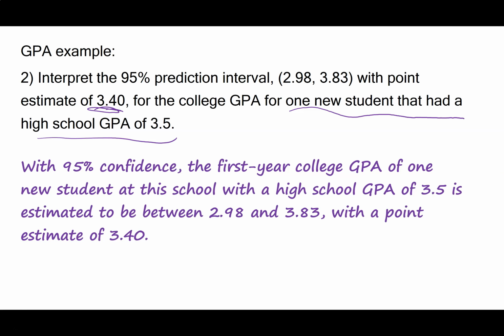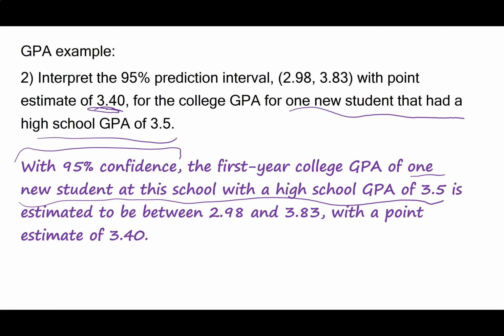So, with 95% confidence, and I know it's a little funky putting that since it's a prediction interval, with 95% confidence, the first year college GPA of one new student at this school with a high school GPA of 3.5, that's the key difference here, is estimated to be between 2.98 and 3.83 with a point estimate of 3.4.